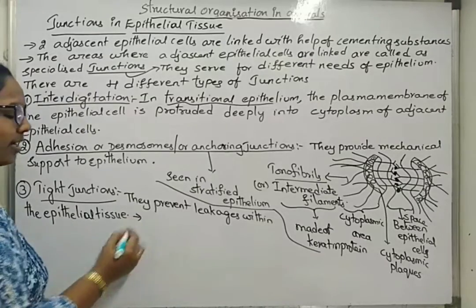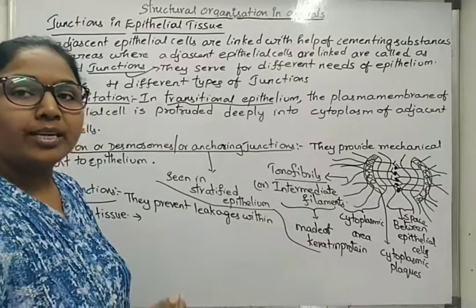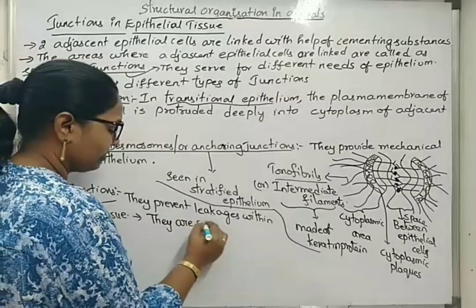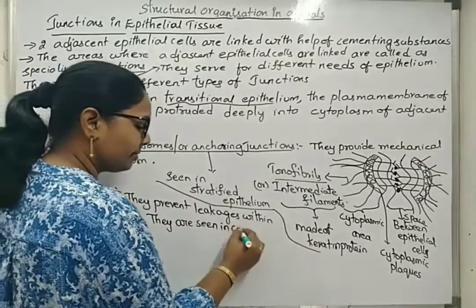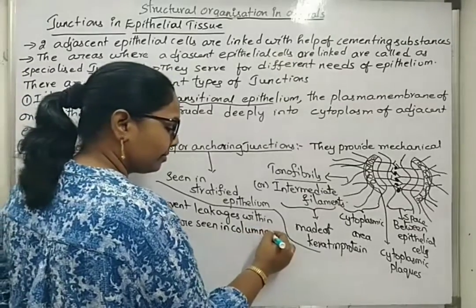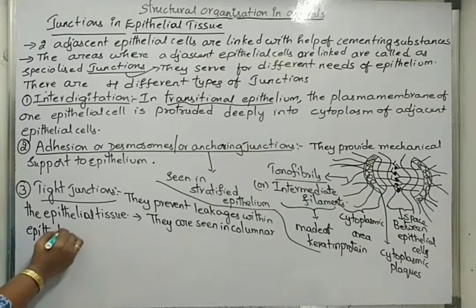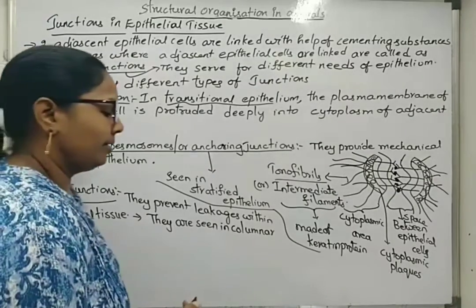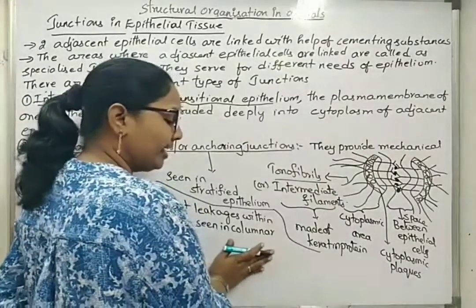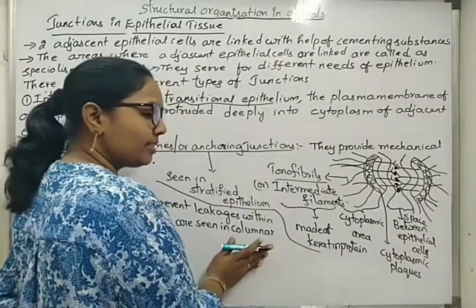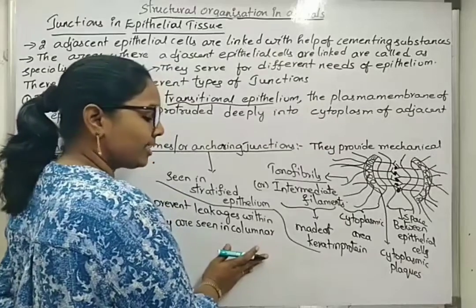So, they are mostly seen in case of columnar epithelium. Actually, these tight junctions are seen in between the cells where sweat glands are present.